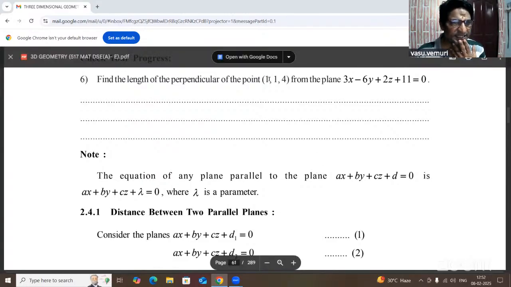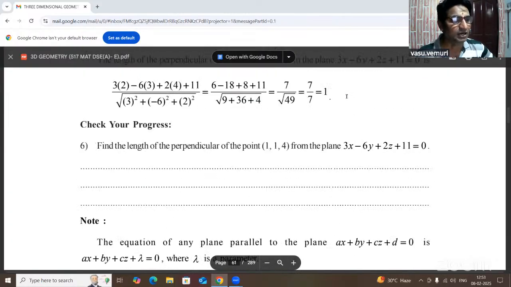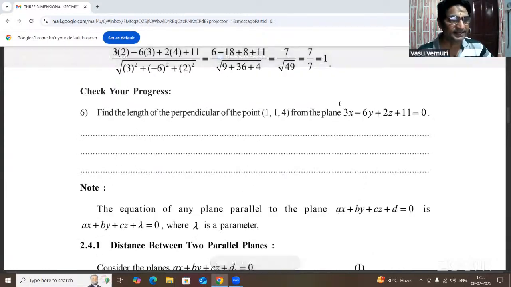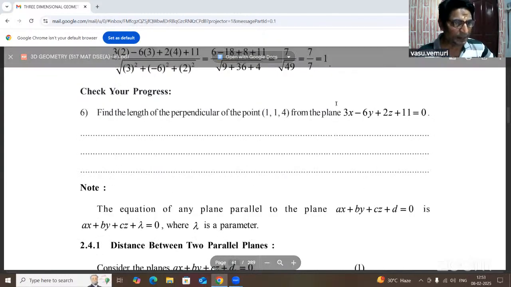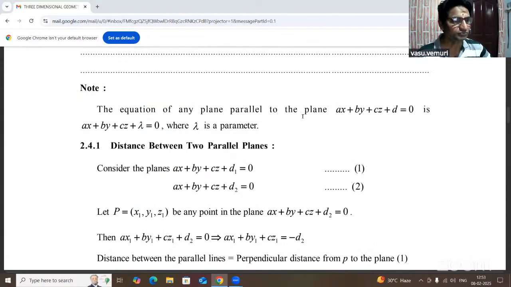After substituting x1, y1, z1 in this expression, Ax1 means 3 into 1 minus 6 into 1 plus 2 into 4 plus 11 by root of 3 square plus minus 6 whole square plus 2 square. After simplification, we get the length of the perpendicular distance.